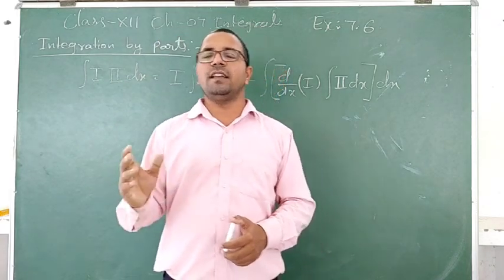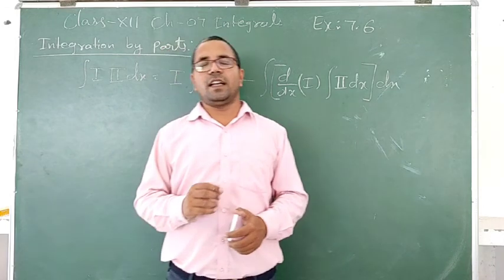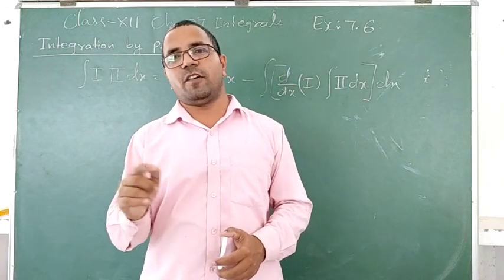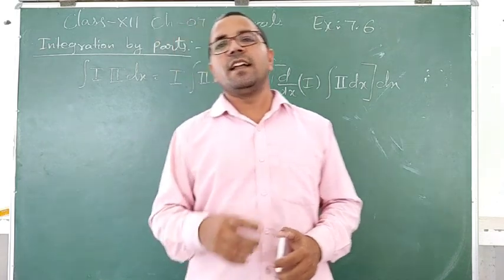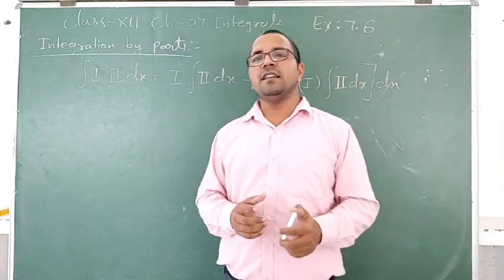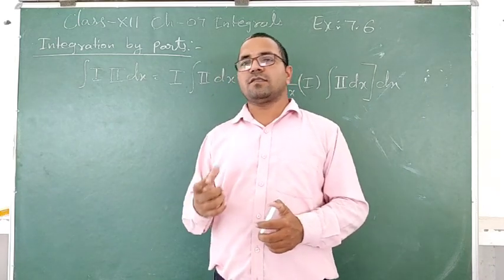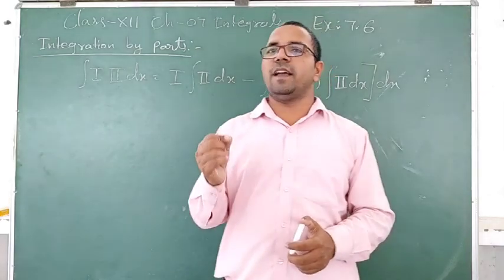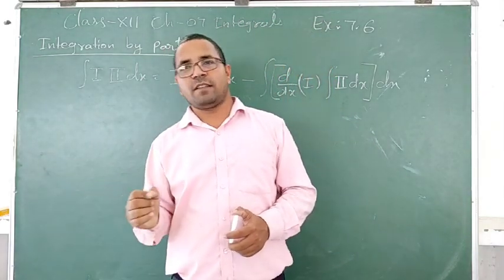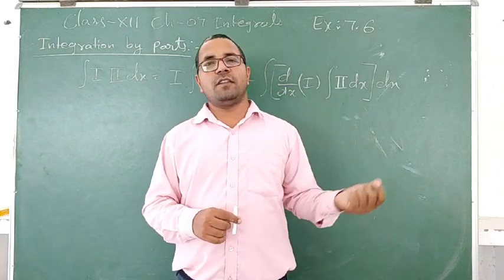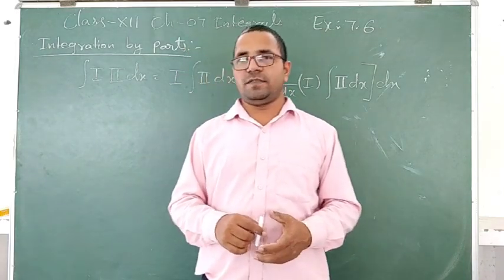Then the last one is exponential functions, e to the power x, e to the power sin x, e to the power cos x, like these functions. The last function will always come as the second function, and the first function we have to take as the first function.